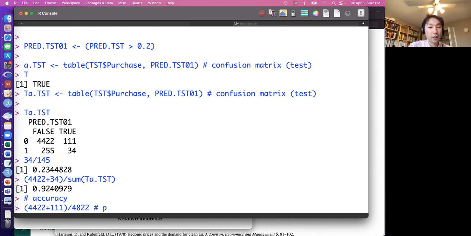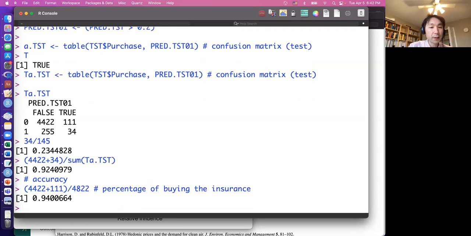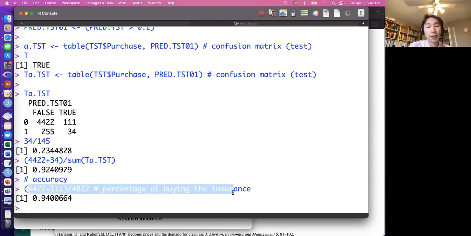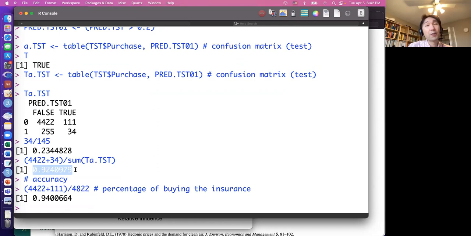The percentage of people who don't buy the product is 94%, so if in terms of accuracy we predict that everyone doesn't buy, that is the baseline because most people don't buy. And the 92.4% is even worse than this 94%.